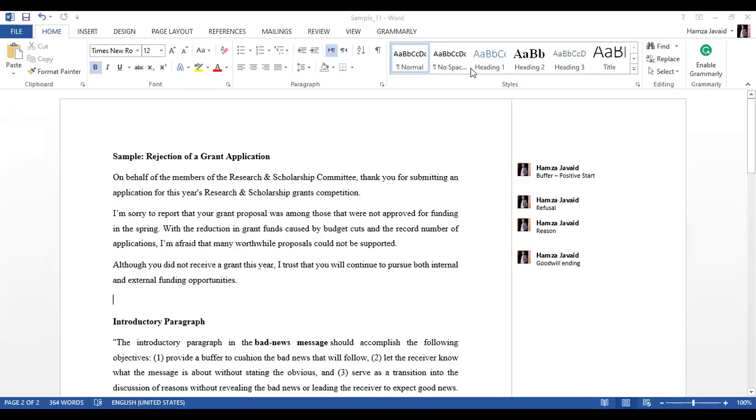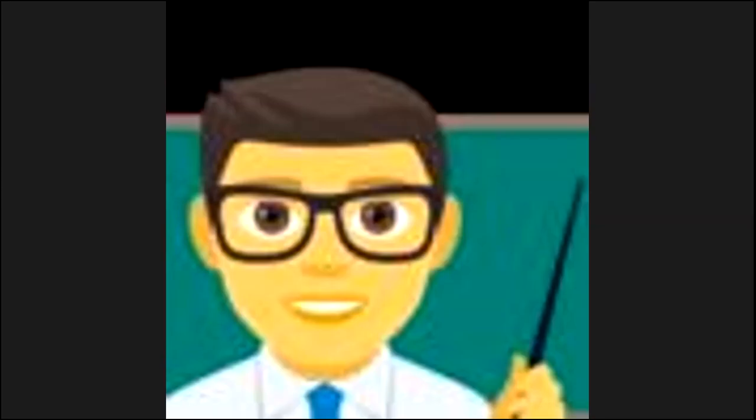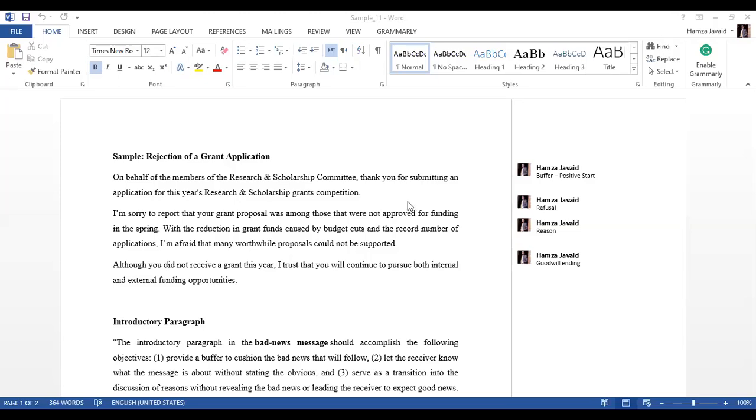All right, it's opening in Word. Now, I selected an example over here. It's about rejection of a grant application. All right, so we have a sample here, rejection of a grant application.